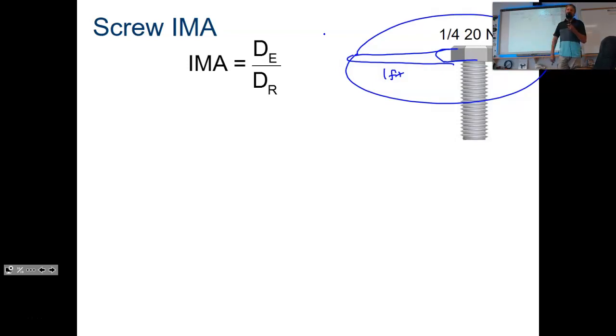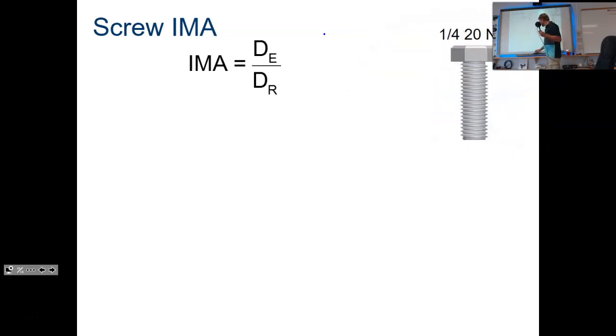That's 2 pi r, 2 times pi times radius, so that's going to be about 6 feet. That's going to go a long ways, right? And this thing's only going to go up 1/13 of an inch. So not 6 feet, it's going to go 72 inches, and this is going to go up 1/13. So the mechanical advantage here is huge. It's absolutely gargantuan in the world of simple machines.